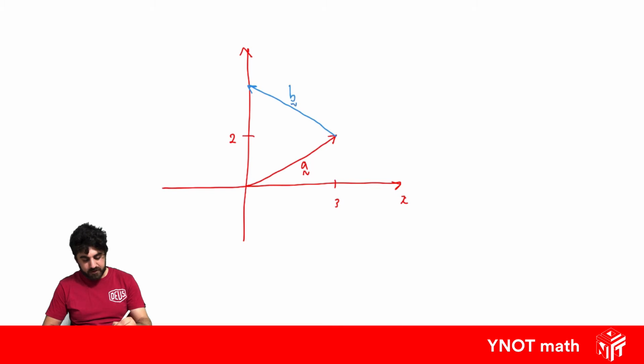This will be vector B. So if it went back along the x-axis by 3, we can say that's -3. And if it went up 2, it would have a y component of 2. And the resultant vector, if we're adding A and B, is just going from the tail of the first one to the tip of the last one.